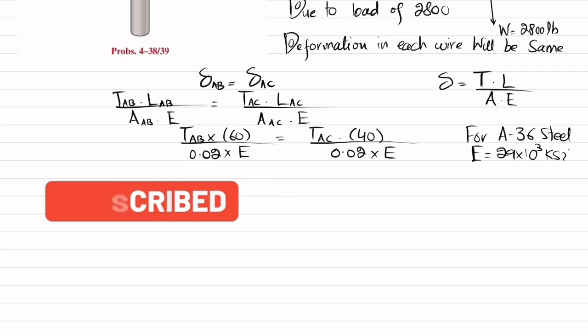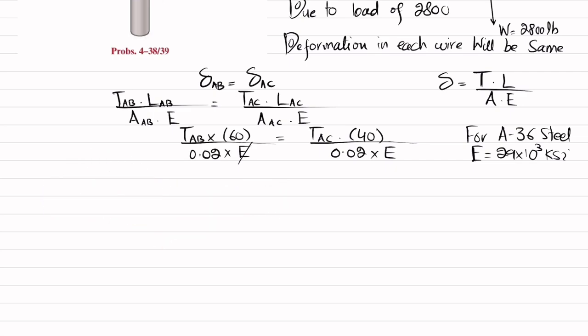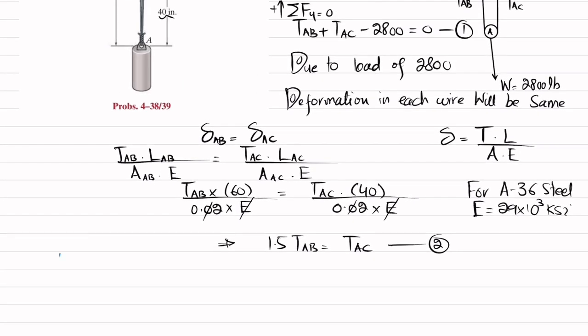So put the value, or if you do not put it, it will be cancelled from here, clear. And at the end you will get 1.5 times TAB will be equal to TAC. Let this be your equation number 2. Now what we will do is put equation 2 in equation number 1.